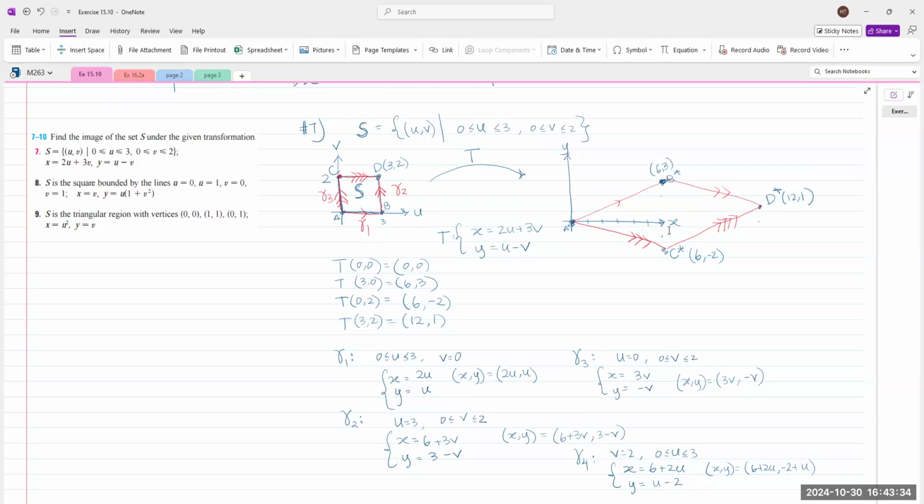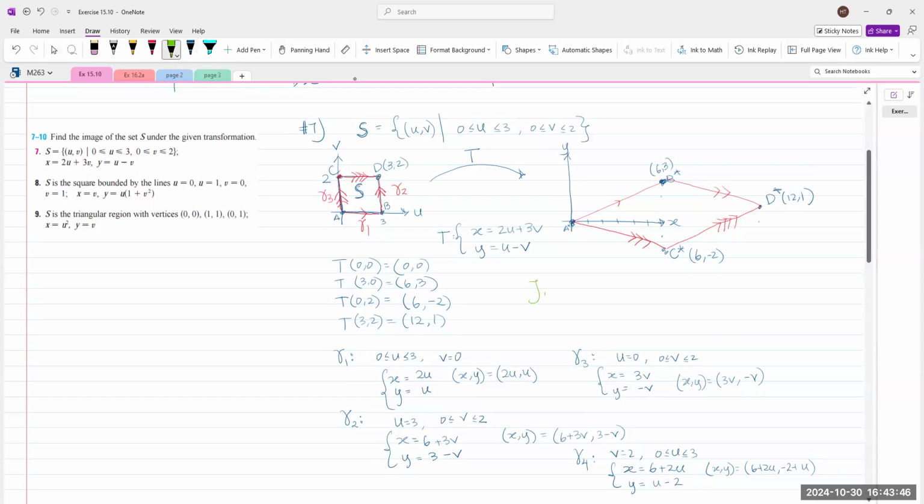Now, this is one example of going from a good one to an ugly one. If I want to continue from here, suppose I want to find my Jacobian of T, that is the determinant of dx/du, dx/dv, dy/du, dy/dv, which will give me negative 2 minus 3, which is negative 5.